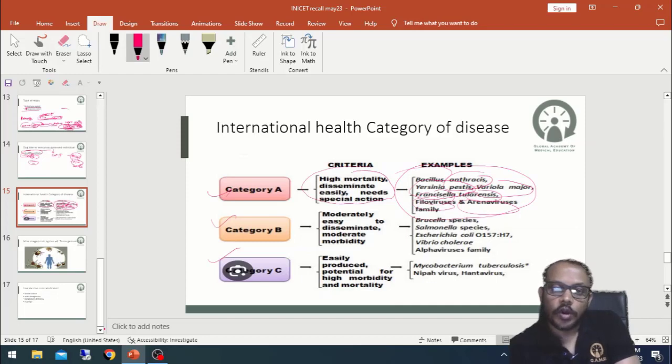Category B: moderately easy to disseminate, with moderate morbidity, for example Brucella, Salmonella, Escherichia coli, Vibrio cholerae and alphavirus family. Category C: easily produced, with potential for high morbidity and mortality, for example Mycobacterium tuberculosis, Nipah virus and Hantavirus. Whatever the options are, we can follow this category A, B, C.